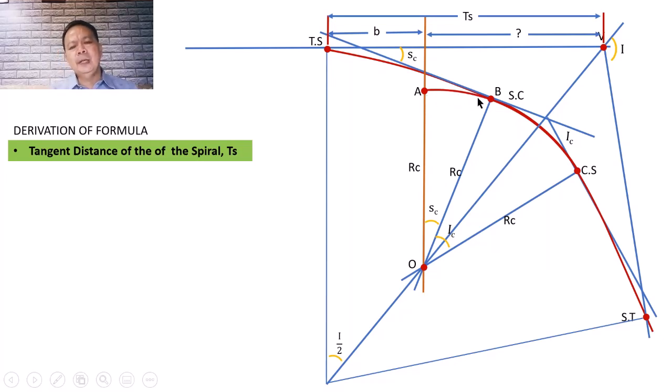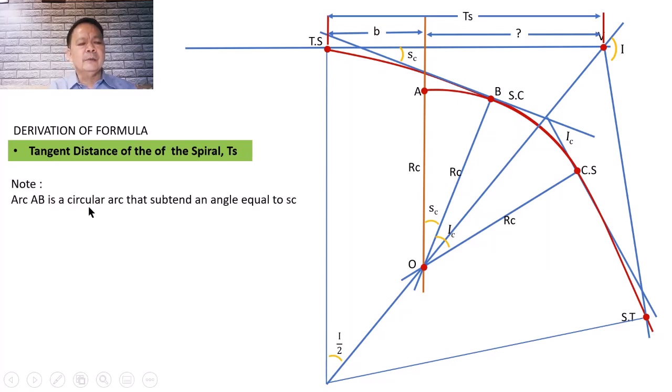Diba? Now, balikan natin, okay, itong arc length AC is a simple curvature. In-extend kasi natin itong curve na ito until it crosses that vertical line, okay, from A. Sa makatwid, itong ating arc length AC is a simple curvature which can be computed, okay, because that AC subtends an angle equal to S sub C. So that if we will apply our knowledge in trigonometry, okay, so arc AC na ito is equal to the product of the subtended angle and the radius of the curvature.